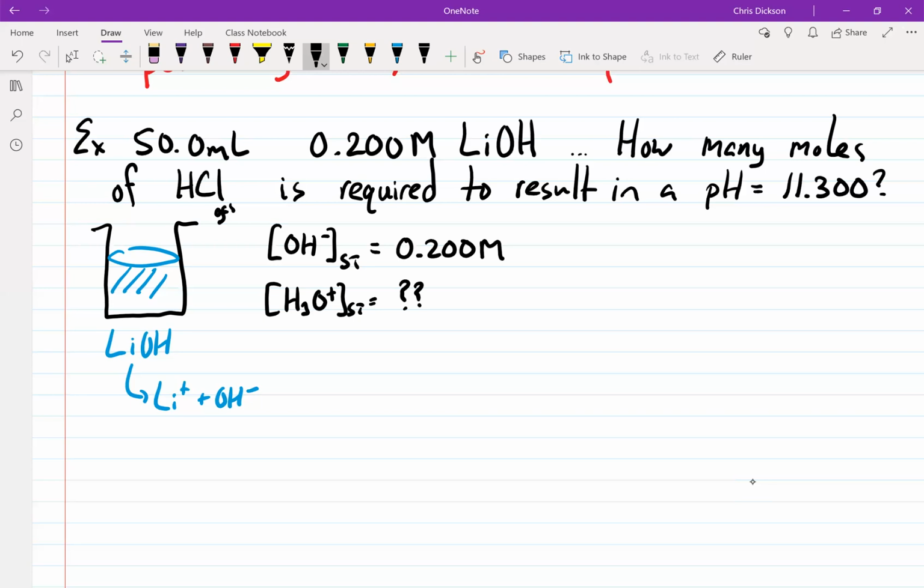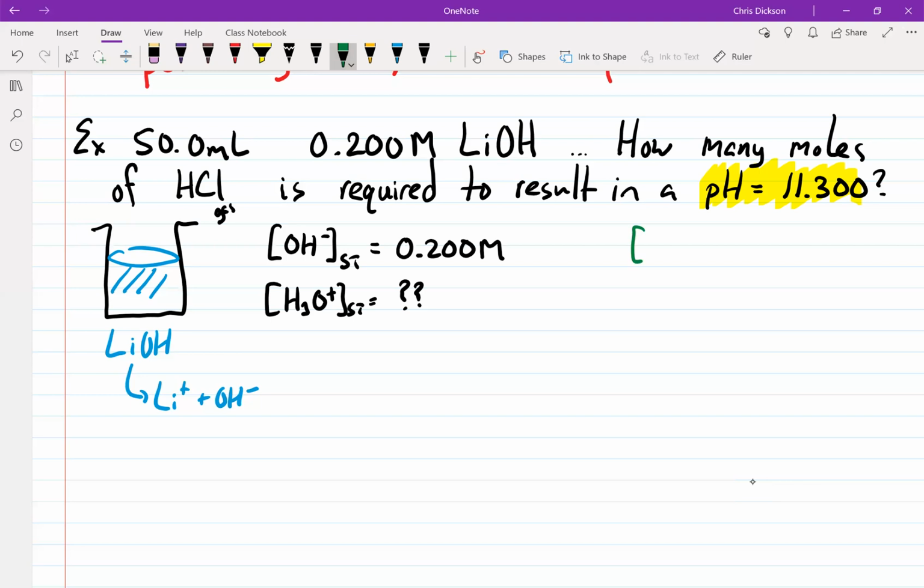Okay, so what else do we need? Well, we need to know which one's in excess here, and that's the last bit of information we haven't used yet. That's this pH equals 11.300. So if someone said the pH was 11.30, do you think basic or acidic? Well, I think basic.